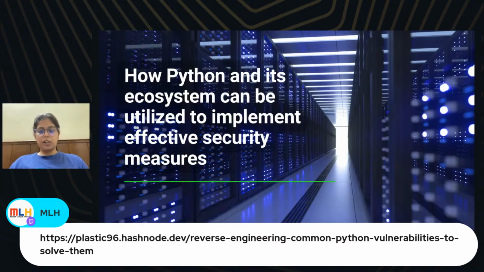Then apart from that, obviously we need to make sure that whatever we are writing in the code, that code itself is not vulnerable. Suppose you're writing secrets in your code, that's not the way to build a project. We all know how we keep secrets in Python code.